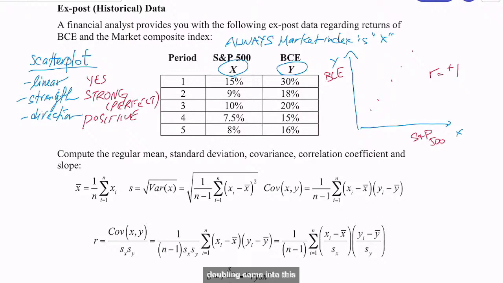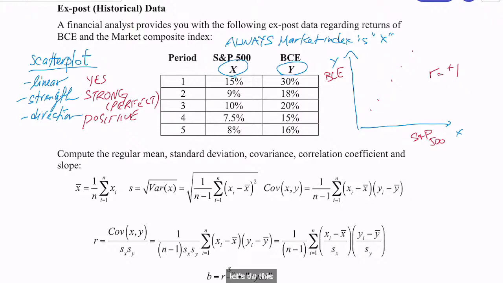What is the doubling? Where does the doubling come into this? R is 1. It's positive. It's perfect because it fits perfect on a line. It's perfect, strong, positive relationship. But where does the 2 go? Okay, you guys don't know.